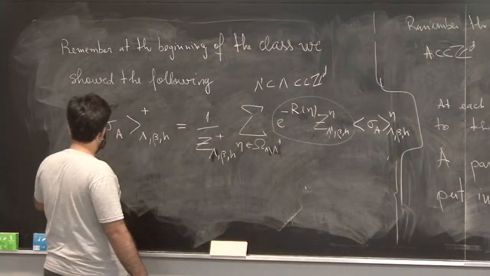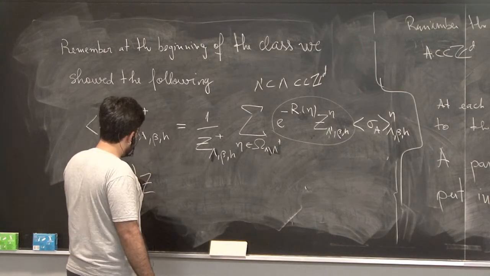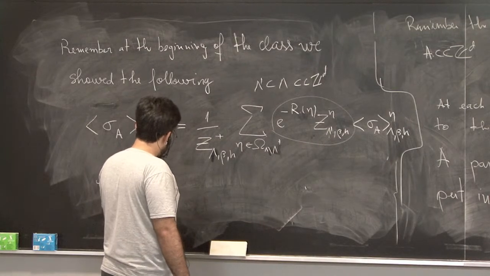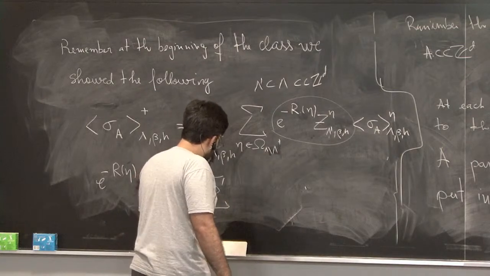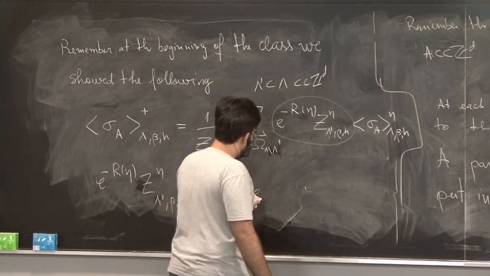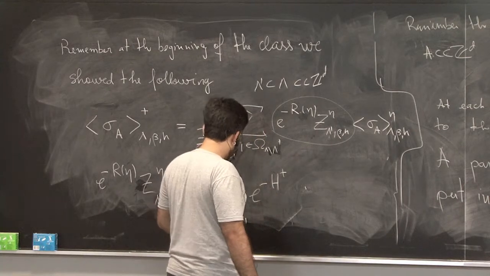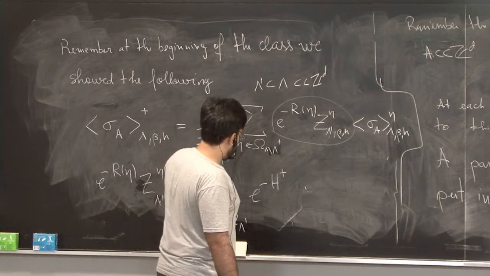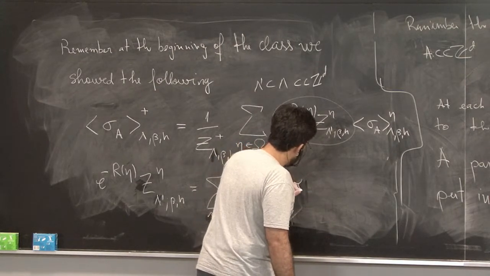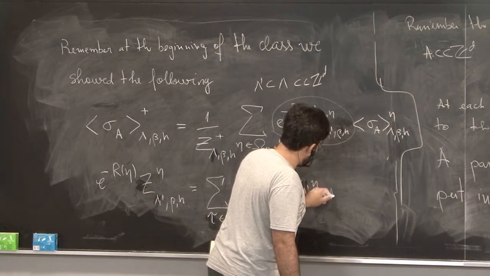So R eta times the partition function in lambda prime, eta, beta, h is actually the sum over all the local configurations tau inside lambda prime of the exponential of minus the plus boundary condition Hamiltonian in lambda, calculated at tau, omega prime, eta, in lambda minus lambda prime.